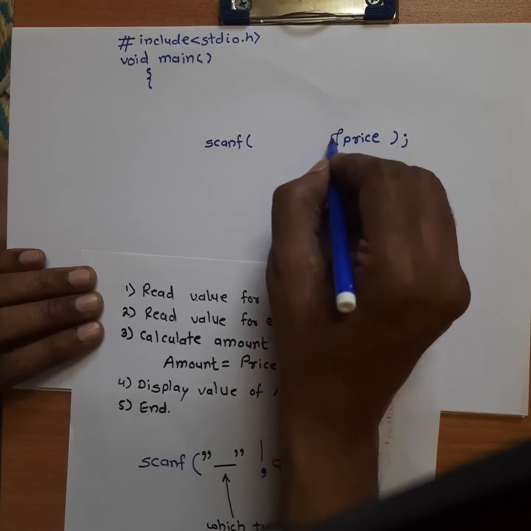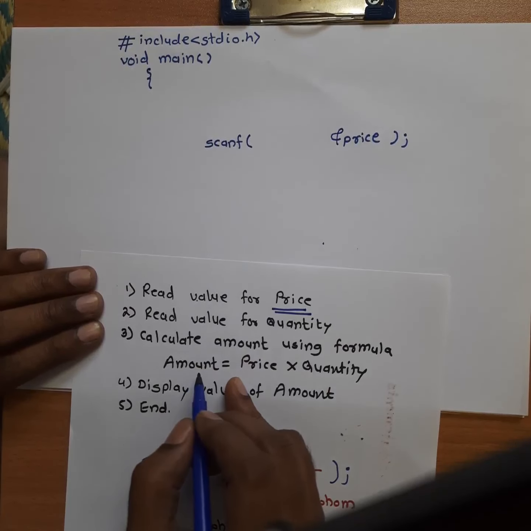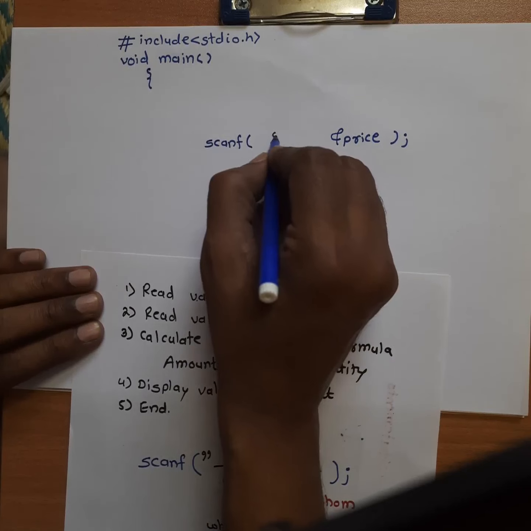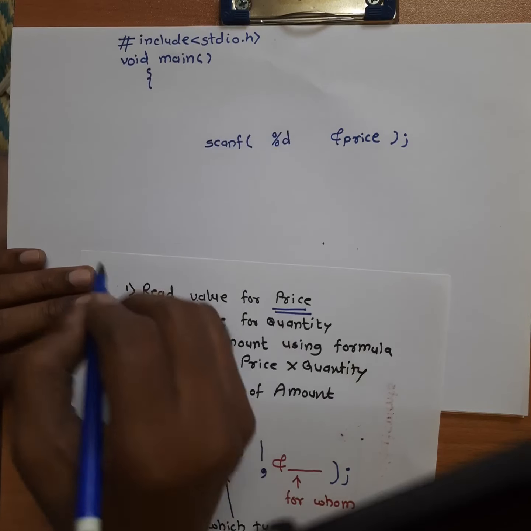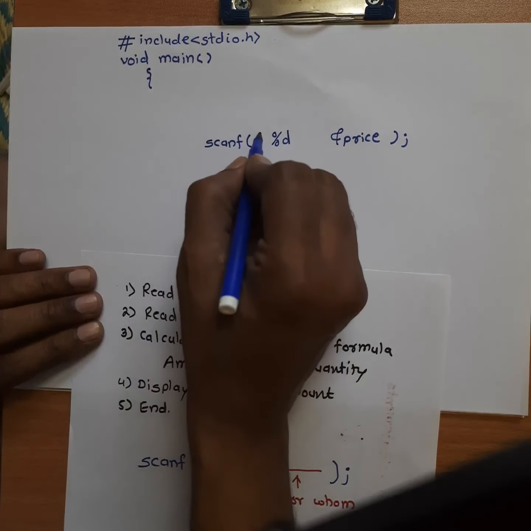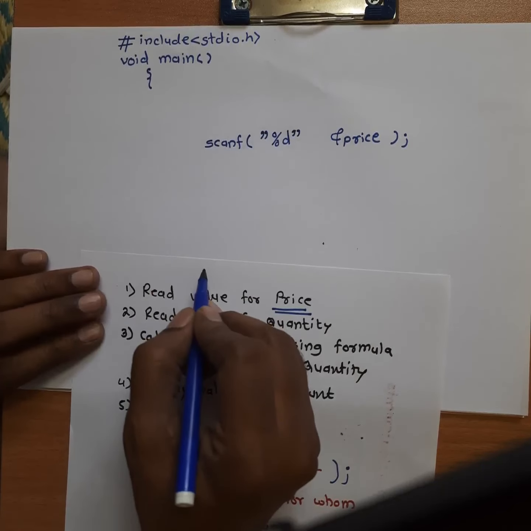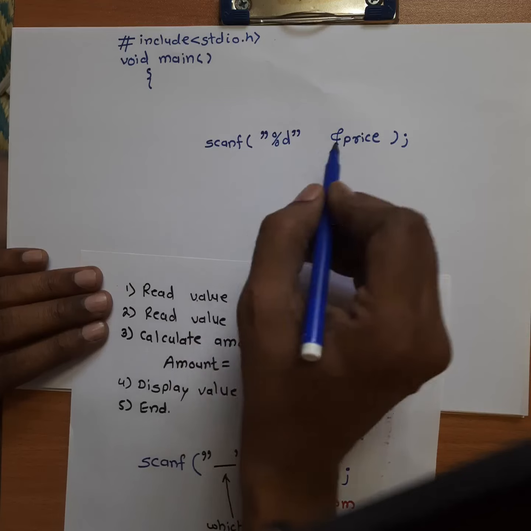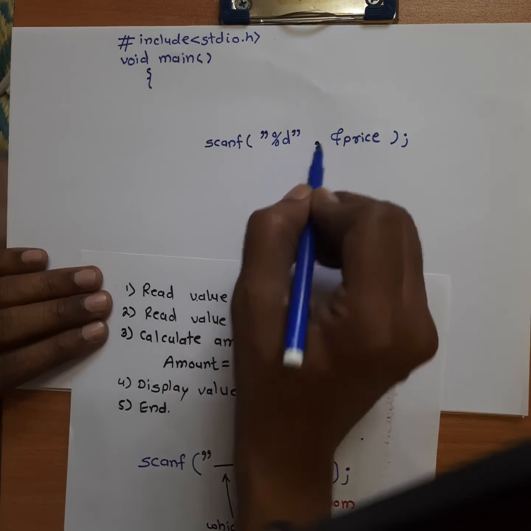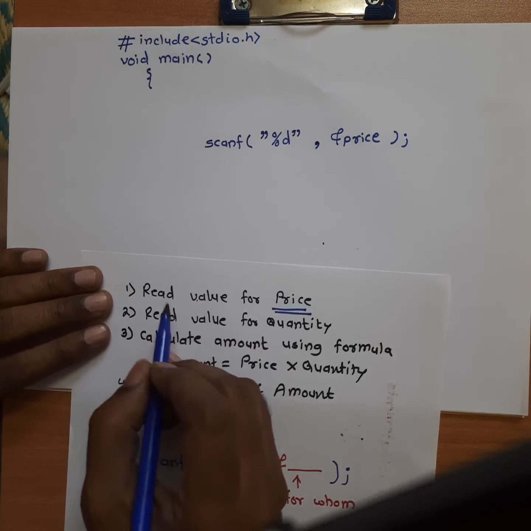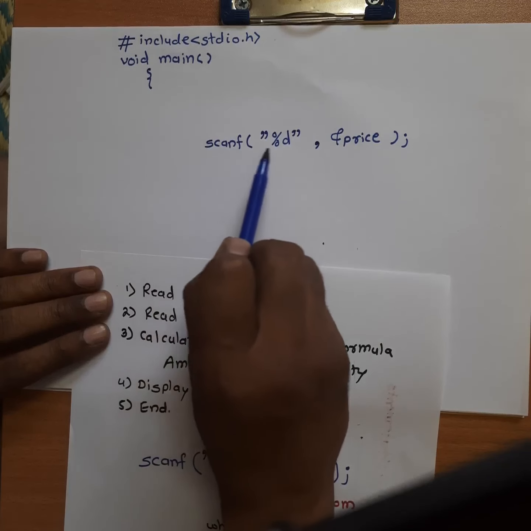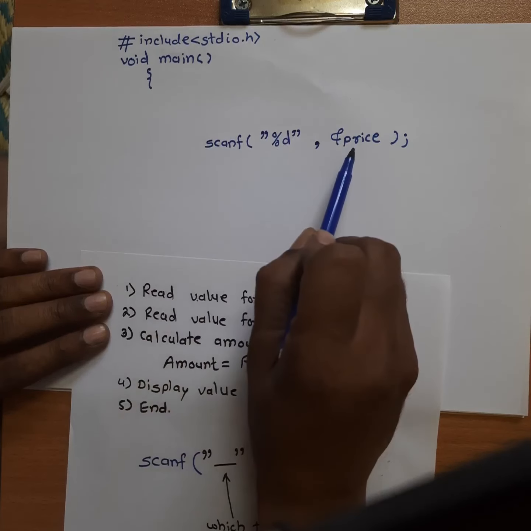Before price, we have to give an ampersand. And it is an integer, so we use %d. This first part always must be present within double quotes. And to differentiate between these two parts, we give a comma. So this indicates read one integer number for price.